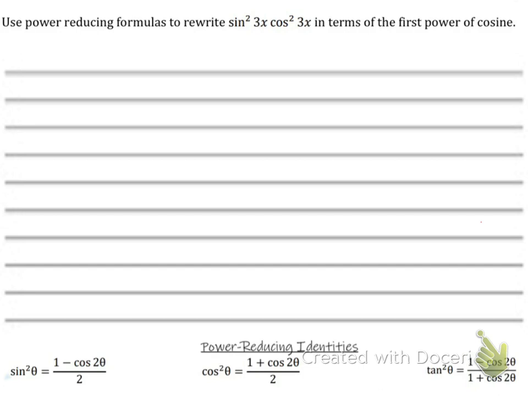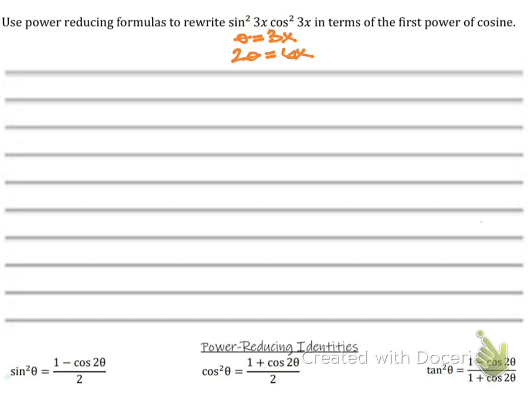Now we have a sine squared and a cosine squared. I'm going to point out first that theta is 3x, so 2 theta will be 6x.